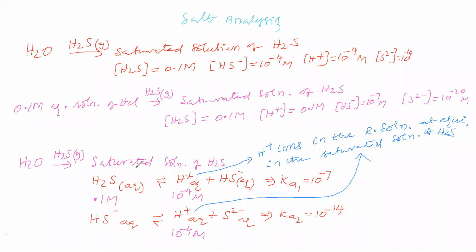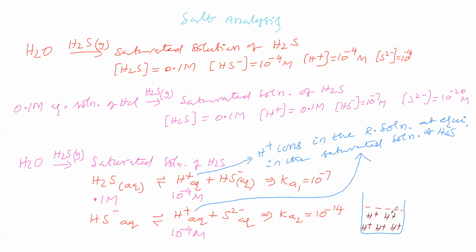Now it is the resultant solution. In this resultant solution, up to this level, H plus ions are there. We are writing H plus ions like this, here and there. Solution means homogeneous mixture, therefore H plus ions are uniformly distributed throughout the solution.